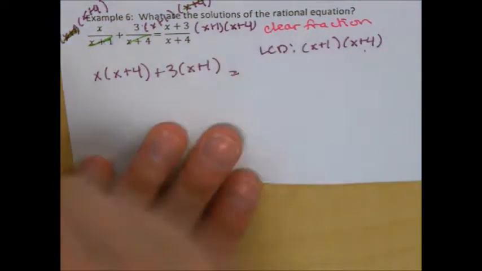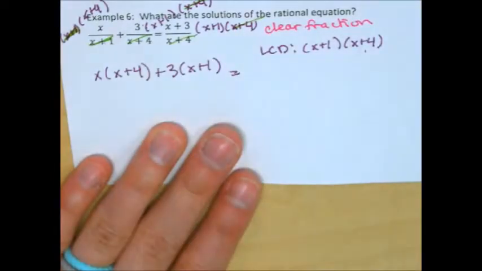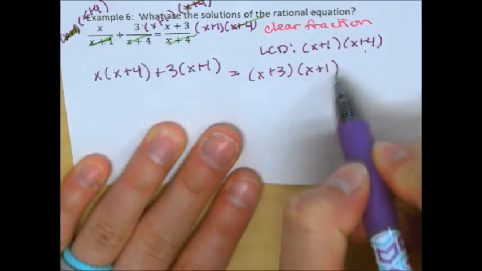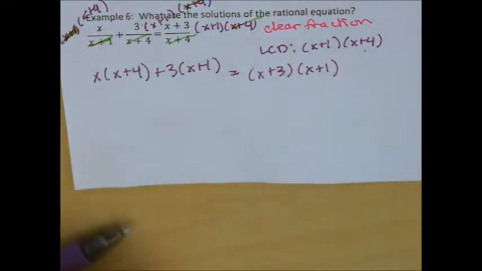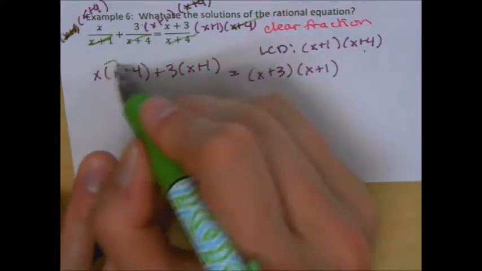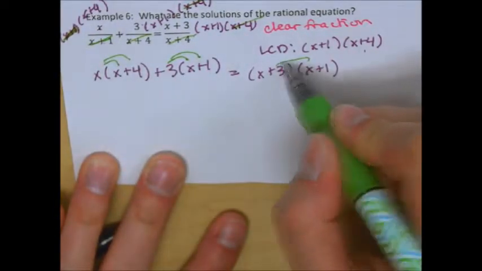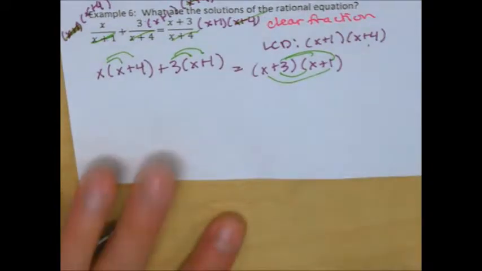Here, my x plus 4 crosses out. I'm left with x plus 3 times x plus 1. And now we just have a normal equation to solve. On the left, we're going to distribute. On the right, we're going to do our FOIL. So go ahead and do those.